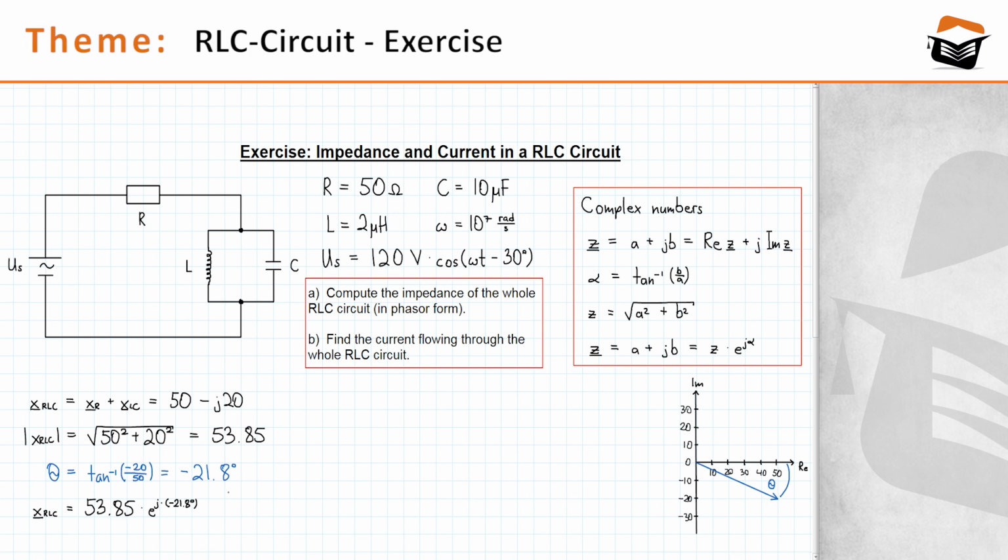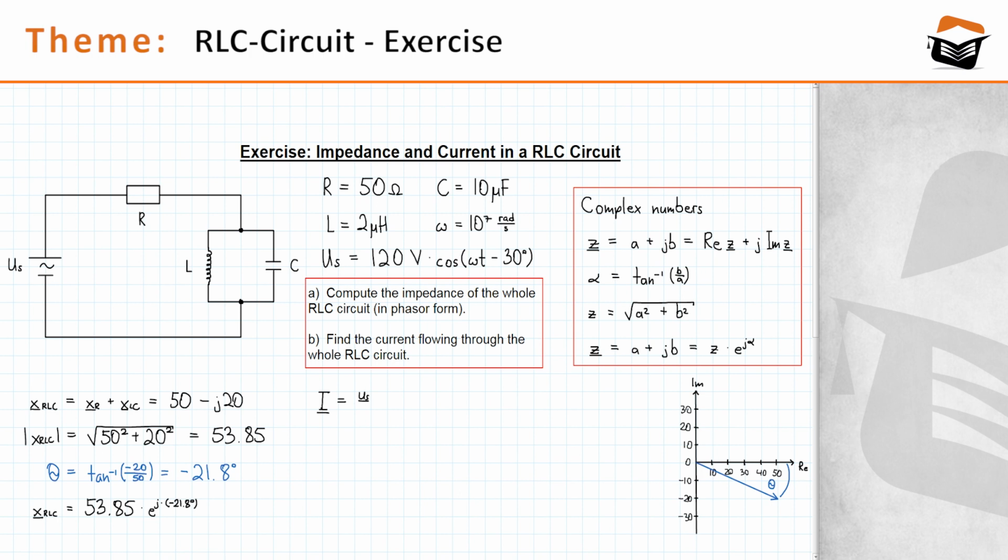And why do we need the conversion into the exponential form? Because now we're going to compute the current flowing through the circuit. And to compute the current, you need to divide the voltage by the impedance of the whole circuit. So I'm going to write down I underlined is equal to the voltage.